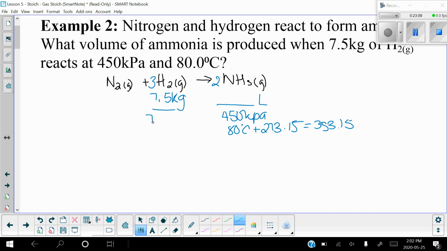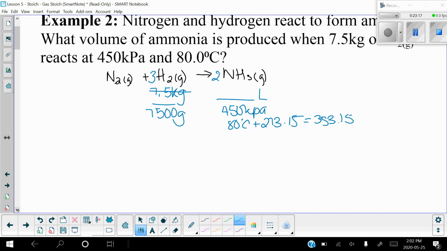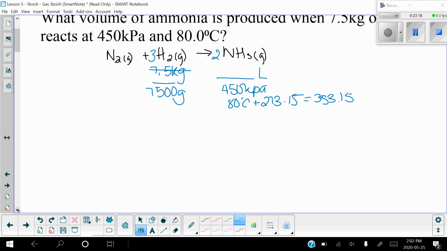So this is actually 7,500 grams. So I'm just going to get rid of the 7.5 kilograms because it's the same information and I don't accidentally want to use it twice. 7,500 grams of hydrogen gas. We now need to convert this into moles.